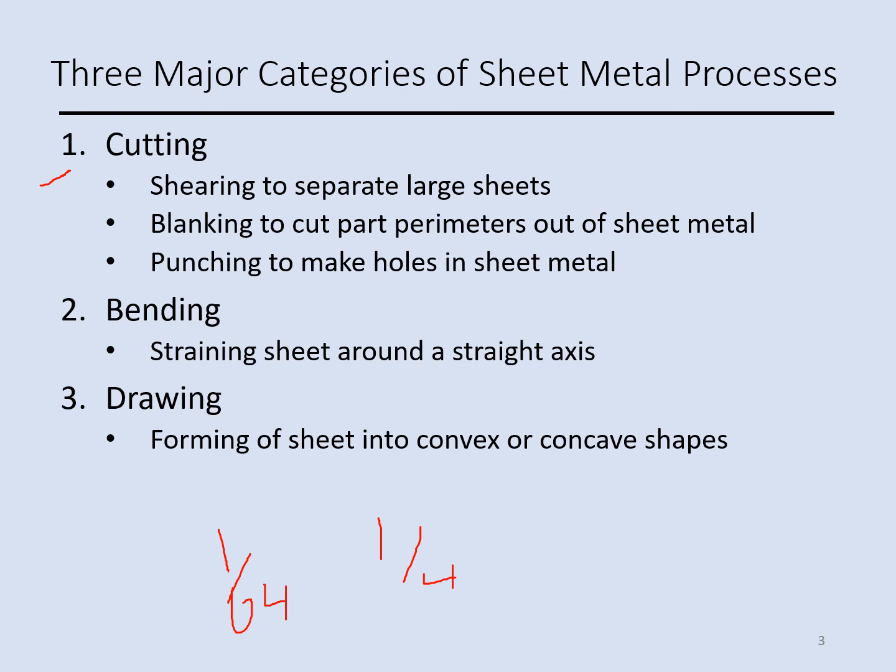The type of material we use is low carbon steel, which has carbon between 0.06% up to 0.15%, because it is low cost and it has good formability as well as good strength.